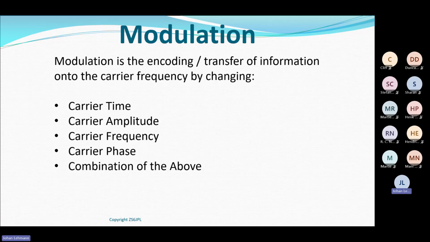And then we can change the phase of my carrier frequency. I can change that as well. Or I can combine them, and we'll get to some examples of a combination of the four things that we can change. And that's pretty much all you can do with a radio wave. You can change the time, the amplitude, the frequency, or the phase.